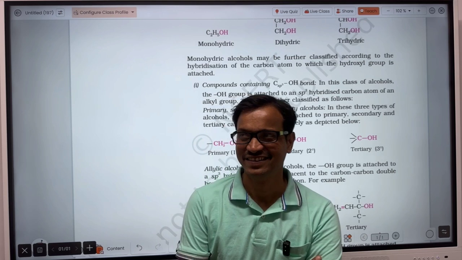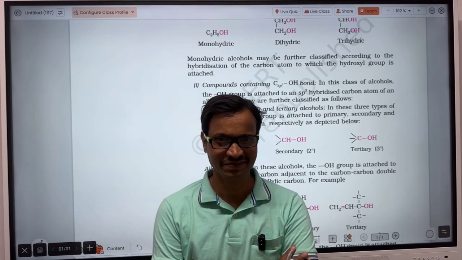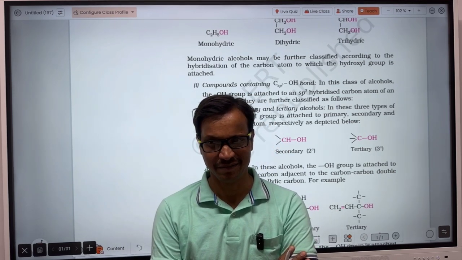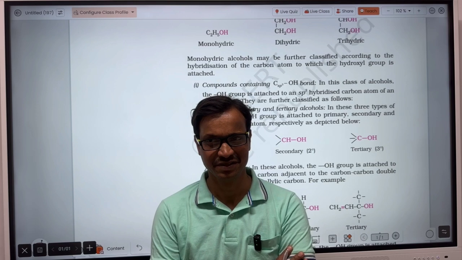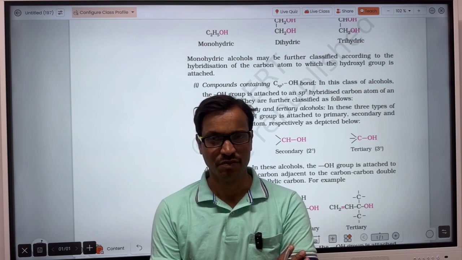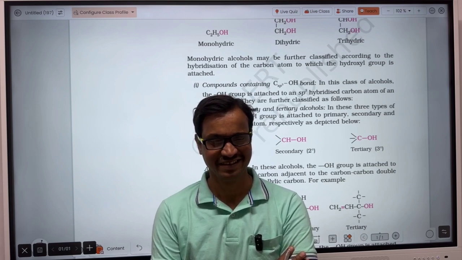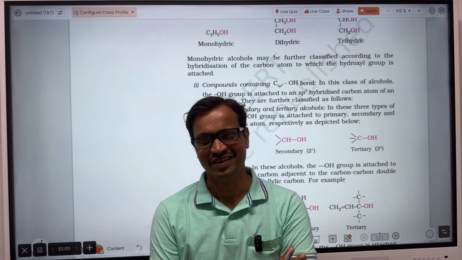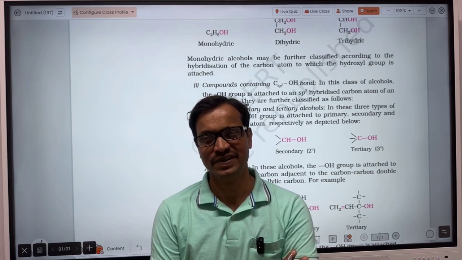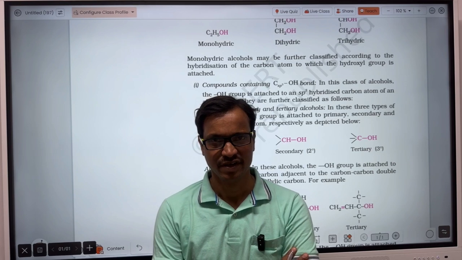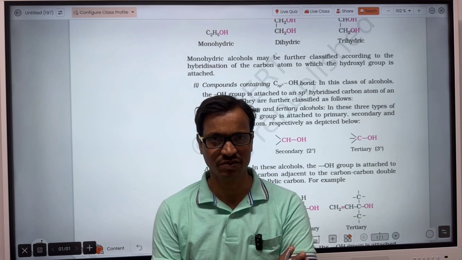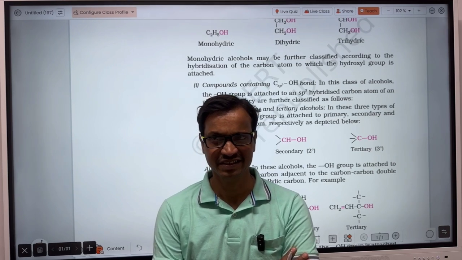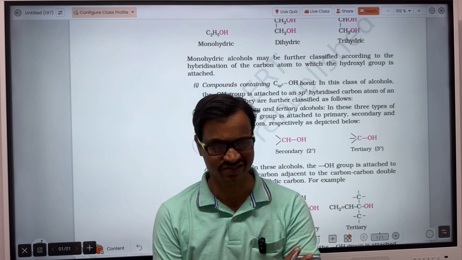We have discussed already that if the carbon atom forms four sigma bonds, then the hybridization will be sp3. A hybrid orbital will either form a sigma bond or contain a lone pair of electrons.